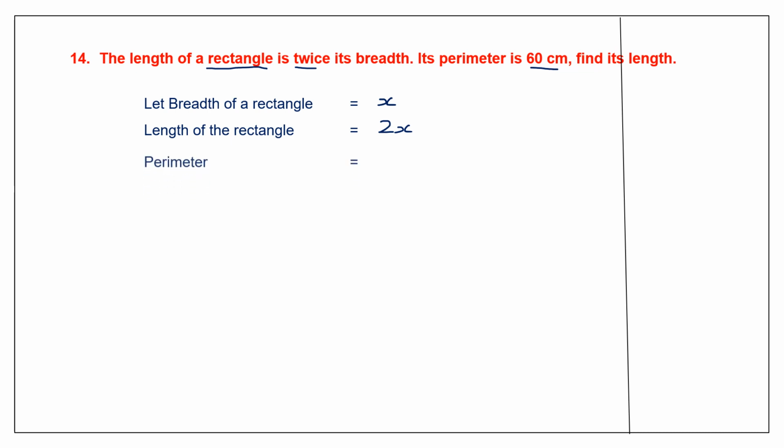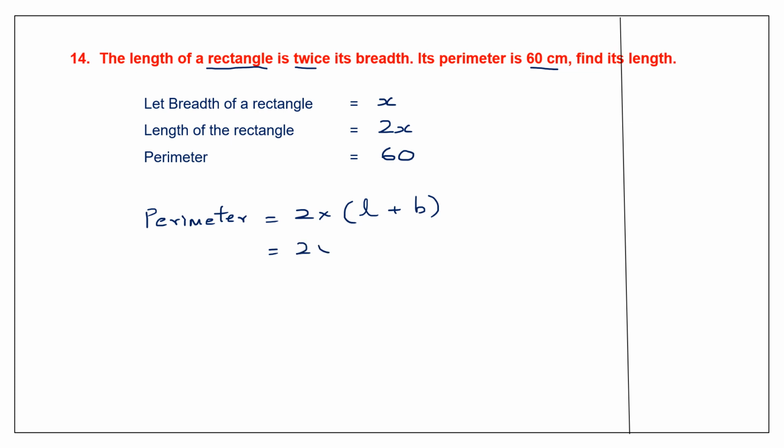So for that, we will start with perimeter because it's given to us. Perimeter is already given to us. Perimeter is 60. So let's use the formula for perimeter. Perimeter equals, the formula is 2 into length plus breadth. So let's use this.